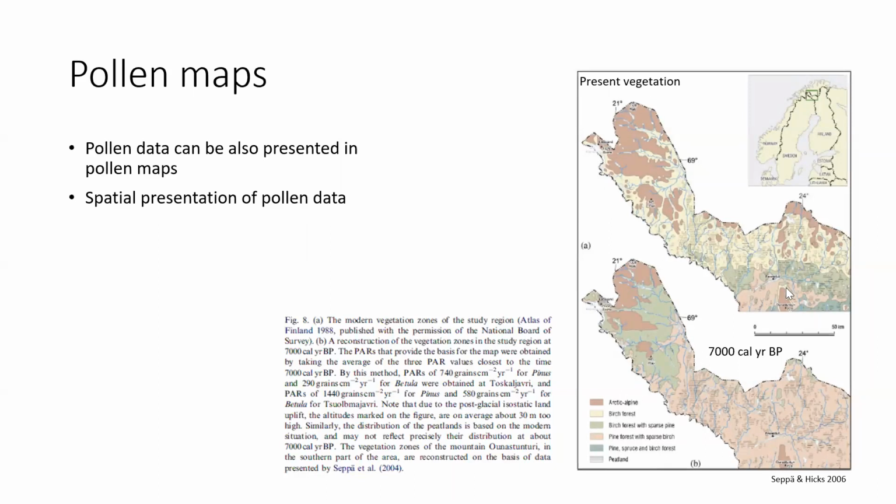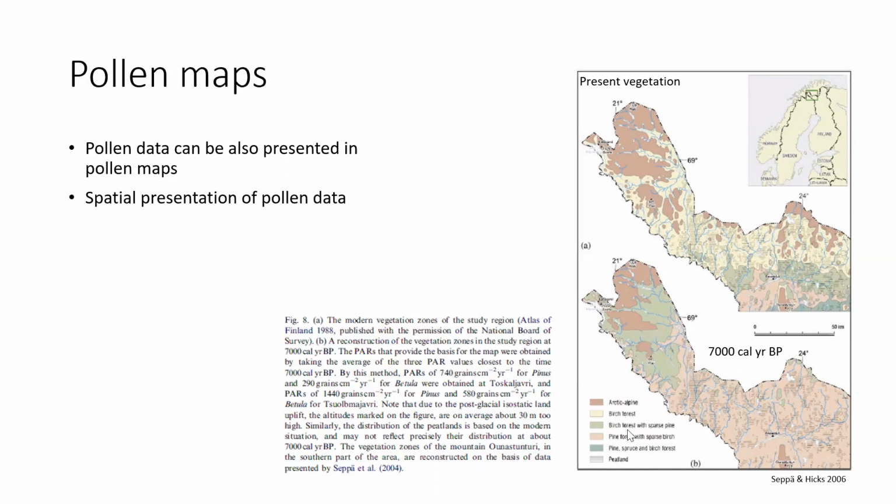So basically at the upper map, we can see the modern vegetation, showing that we have birch forest and then Arctic alpine tundra-like vegetation, and then here some birch, spruce, pine, and a little bit of birch, spruce, pine forest. But then when we look 7,000 years ago, when it was the Holocene warm period, the tree and vegetation zones were in a more northern location.